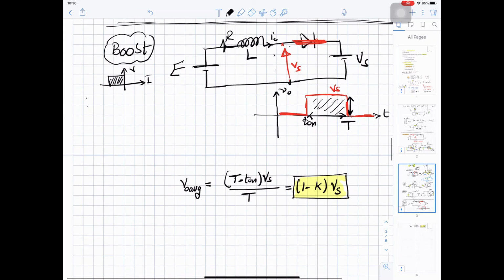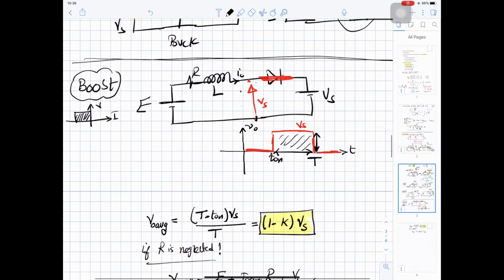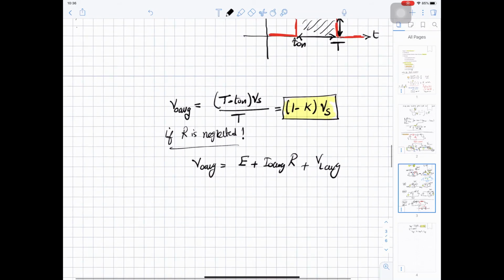And if R is neglected, V out average equals E plus I out average R plus VL average. Okay, this is KVL around this loop. The voltage of E plus the voltage of R plus the voltage of L is V out.